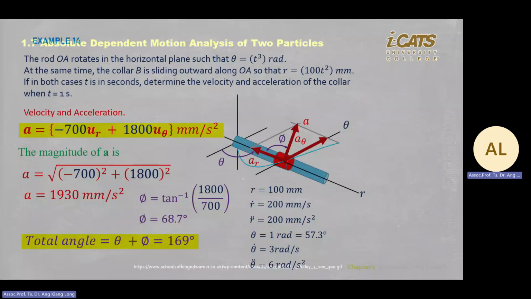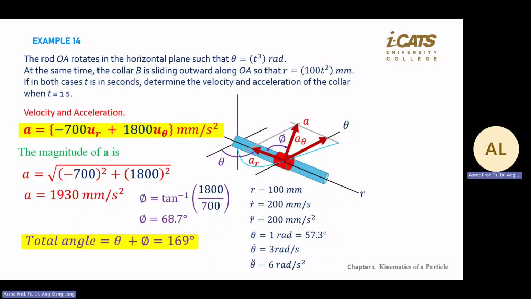Okay. Now we move to the next section. We already done the curvilinear motion. So you have rectilinear motion, x and y, straight line.